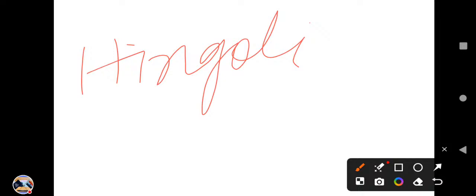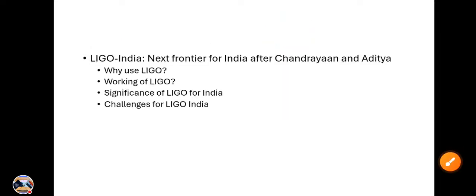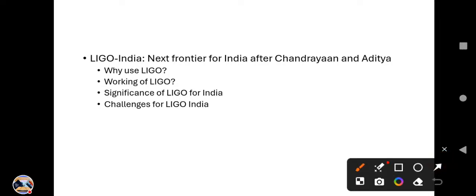So you should remember the working of LIGO. In the field of the working of LIGO, the Nobel Prize was awarded in 2017 for the detection of gravitational waves.